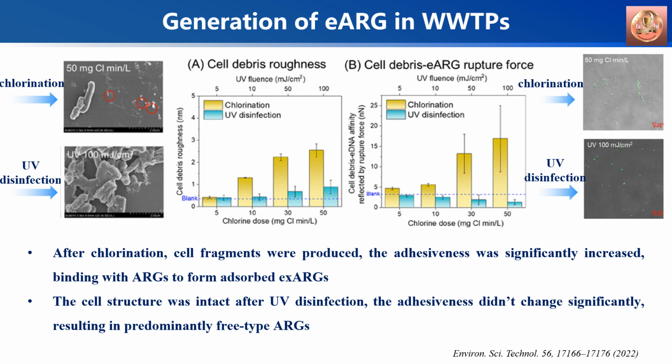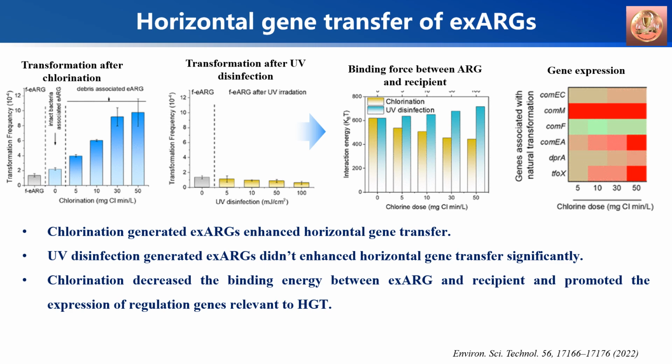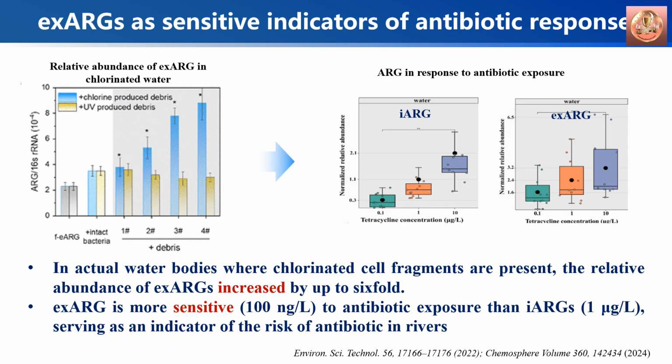So this resulted in predominantly free-form ERGs, and these two kinds of ERGs also lead to different risks in the following environments. Generally, the adsorbed form of ERGs has high risk, as it can transfer through horizontal gene transfer. And this phenomenon was also observed in exterior water bodies.